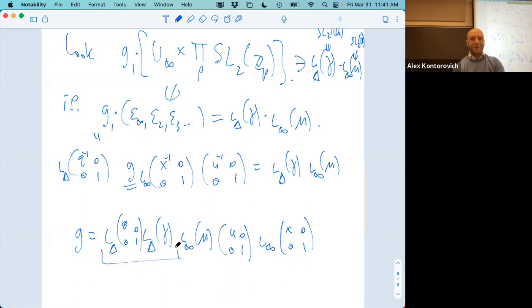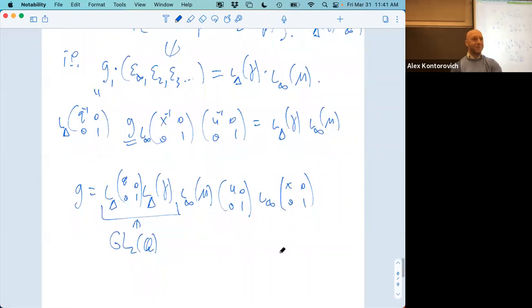And this is a matrix in GL2Q. Or the diagonal embedding. I'm going to stop writing the diagonal embeddings. It's clear that that's in GL2Q. Okay. What is this in? Again, these two commute, so I can put this over here. And here I get something in GL2R.